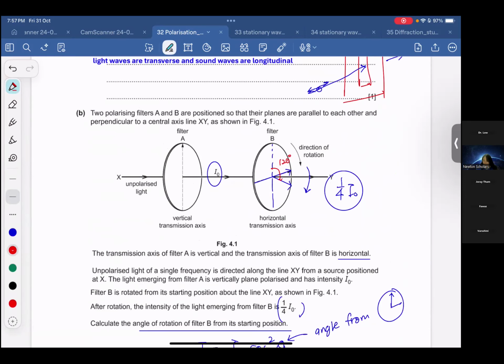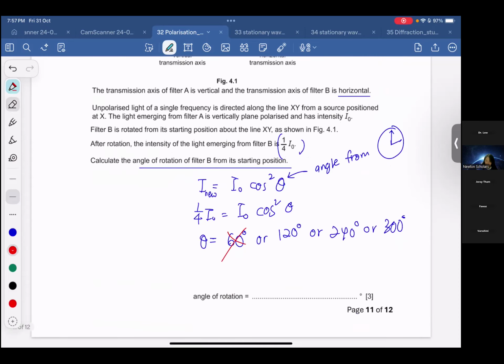Right? Okay, our initial is 90 degree. So the angle that we need, the angle of rotation, should be 120 minus 90 degree. So it should be 30 degree. You need to rotate an extra 30 degree.